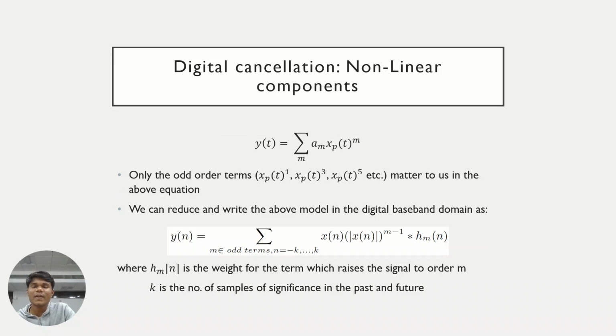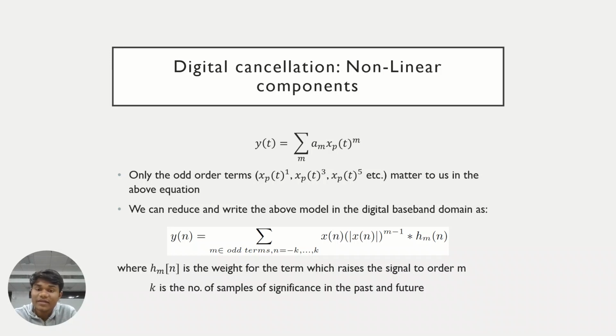So after taking the Fourier transform of this expression, we find out that only the odd order terms are the ones which have frequency in the region that we are trying to operate in. So we are only going to focus on the odd order terms.